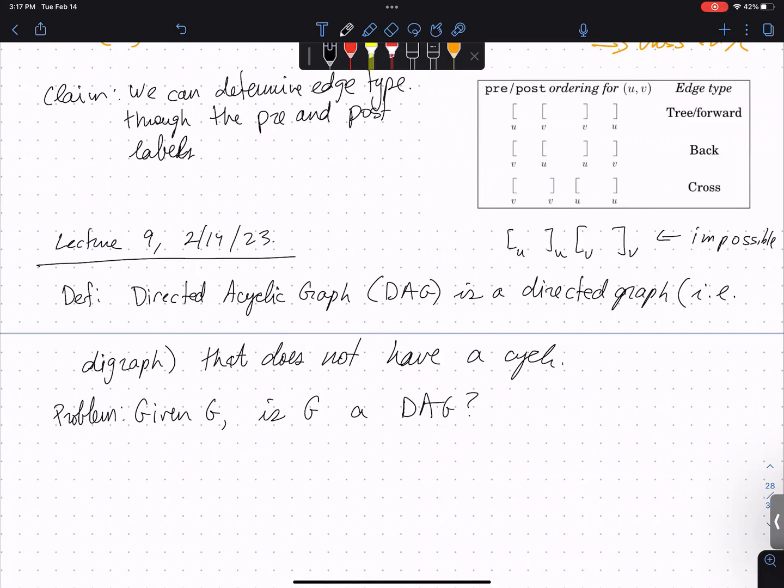It turns out DAGs are really a special kind of graph. A lot of algorithmic questions become easier or faster to solve if you know in advance the graph is a DAG, if you know in advance there's no cycle.